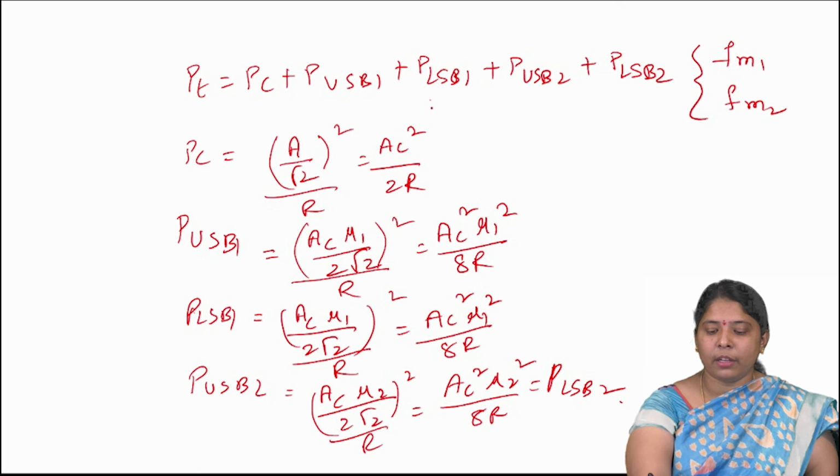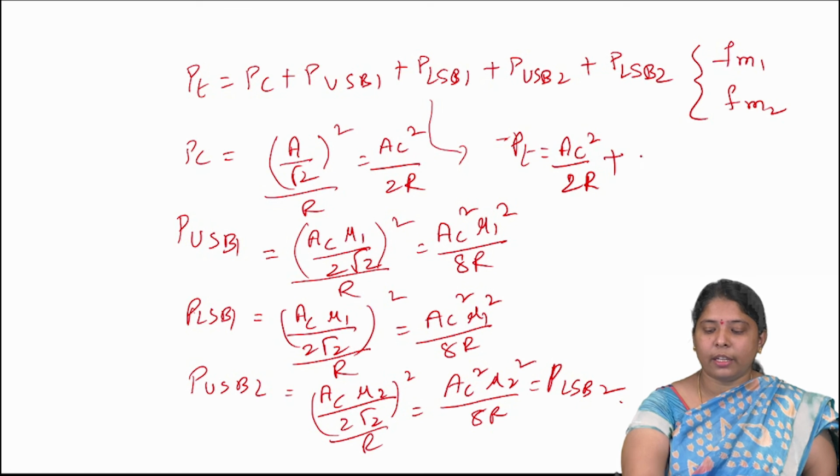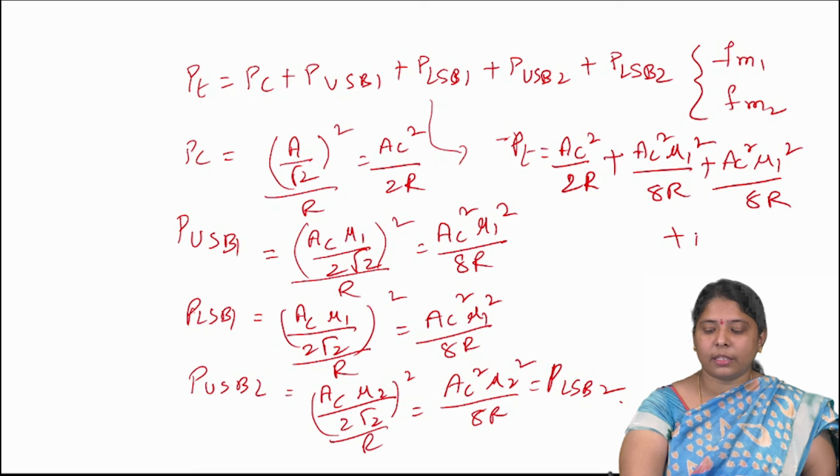So total power, if we substitute all values, total power equal to first power AC square by 2R, second term AC square mu 1 square by 8R, plus AC square mu 1 square by 8R plus AC square mu 2 square by 8R plus AC square mu 2 square by 8R.